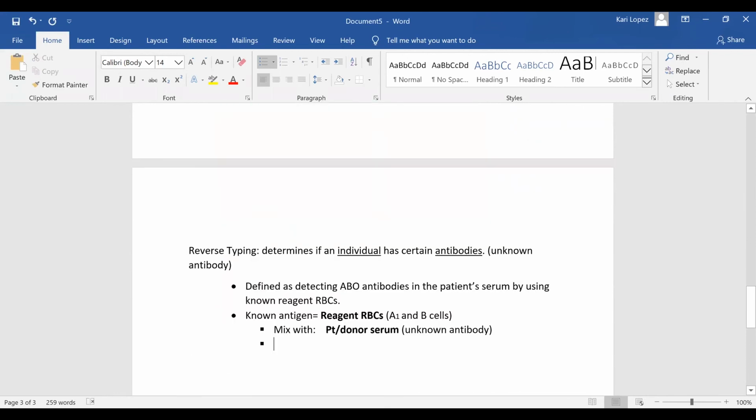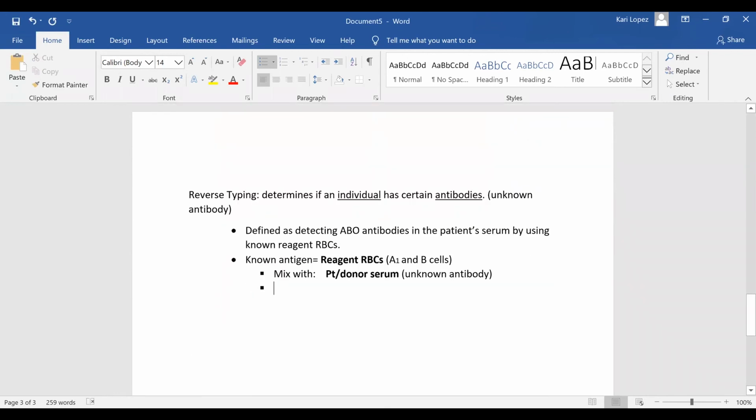And now what we're looking for. So what are we looking for?